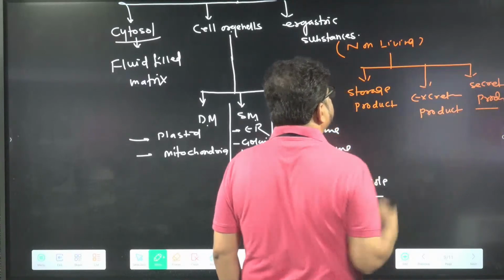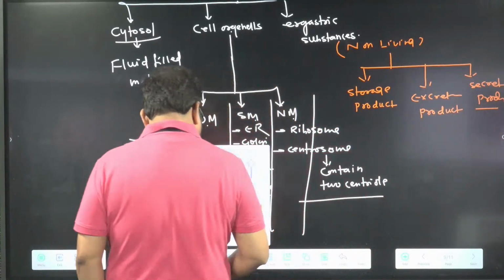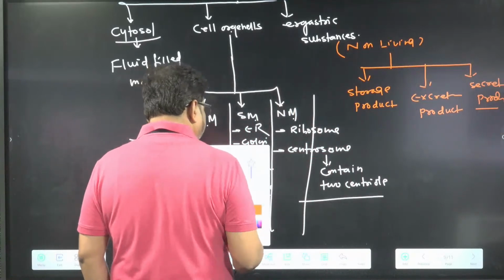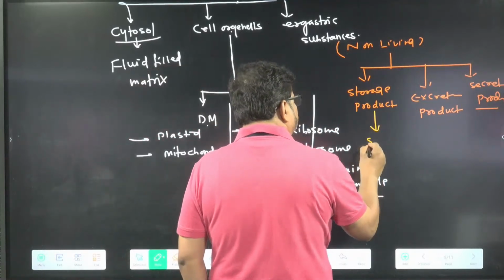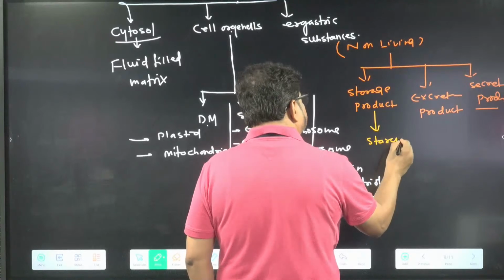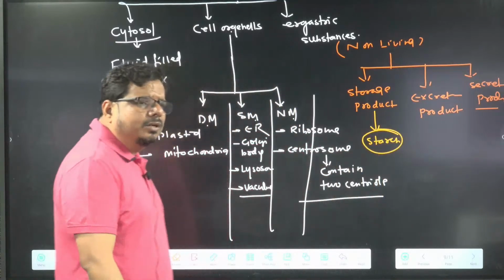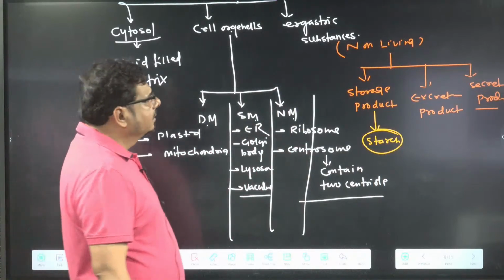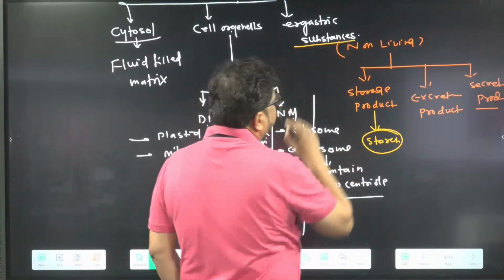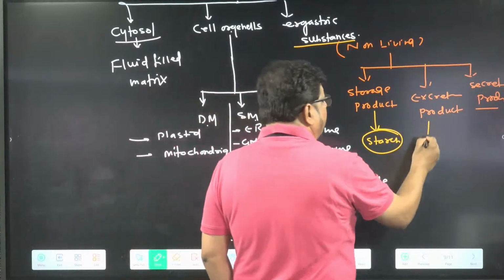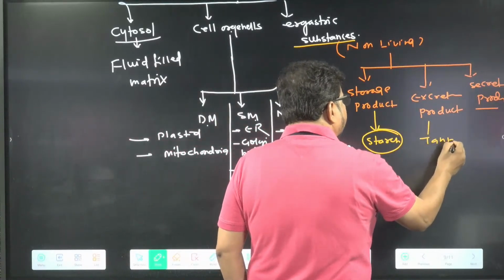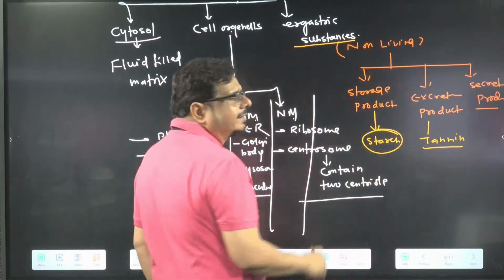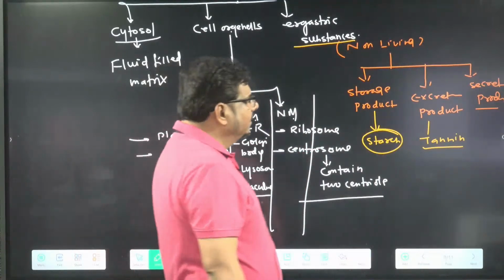These all are ergastic substances. One example for understanding: a storage product, starch, is stored in the cell. Where is it stored? It is stored in the cytoplasm itself. So it is which kind of substance? Ergastic substance. Tannin is an excretory product of the cell.